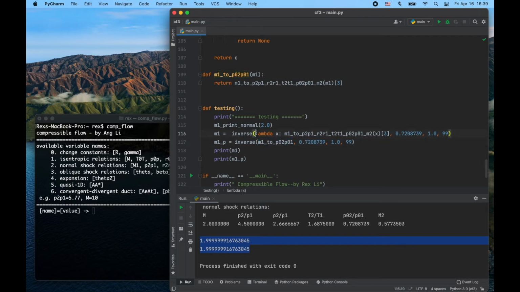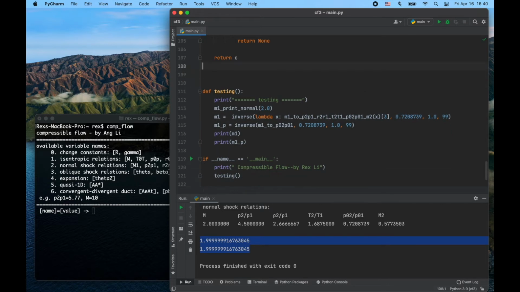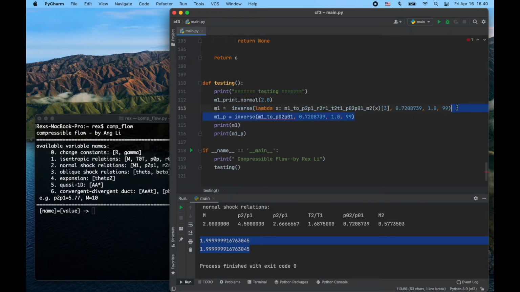I would prefer to use lambda function because if we are going to do this for PO1 and PO2, that means we have to do 4 other things, and we have to define 5 more functions for that. And I just think lambda function is much more convenient here, so we don't have to define any more function for the inverse one. So let's just remove it here.